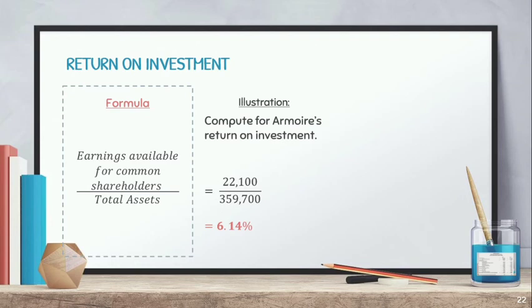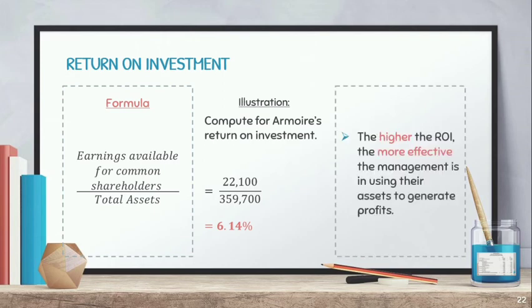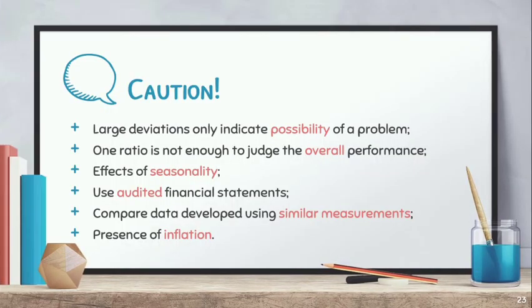Meaning, for every peso nga atong capital, 6.14% ana ang ma-return as income. So, the higher the ROI, the more effective the management is in using their assets to generate profits.